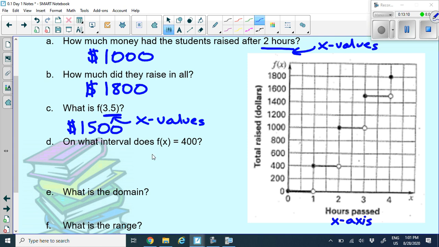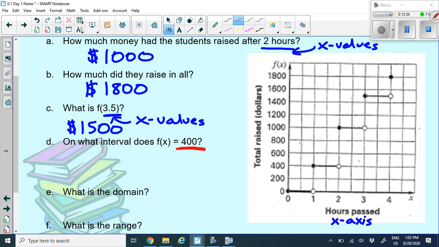Okay, now D. This one we're going to do together. It says, on what interval does f of x equal 400? Now we need to make sure we understand what that 400 represents. If we look, it's not in the x spot, it's on the other side of the equal symbol. That means this is the total raised.